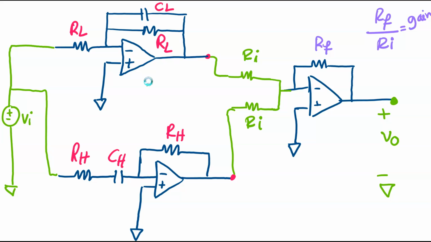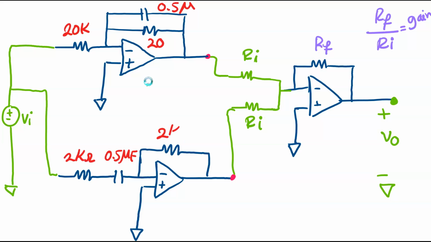What I have to do is replace the parameters with what I have. The RL that I ended up having was 20K. CL and CH, both of them, are equal to 0.5 microfarad. And RH was equal to 2K.